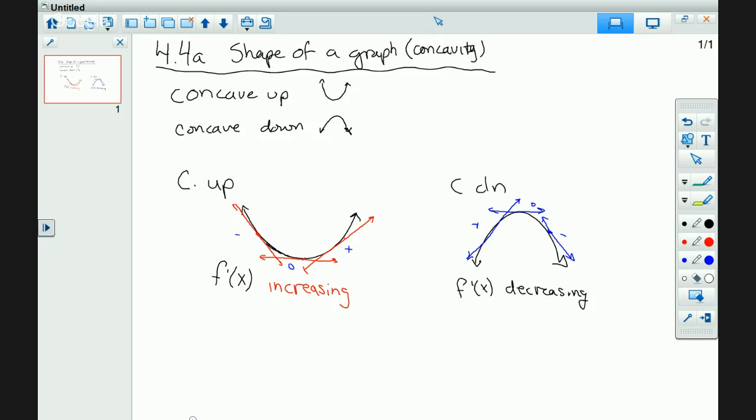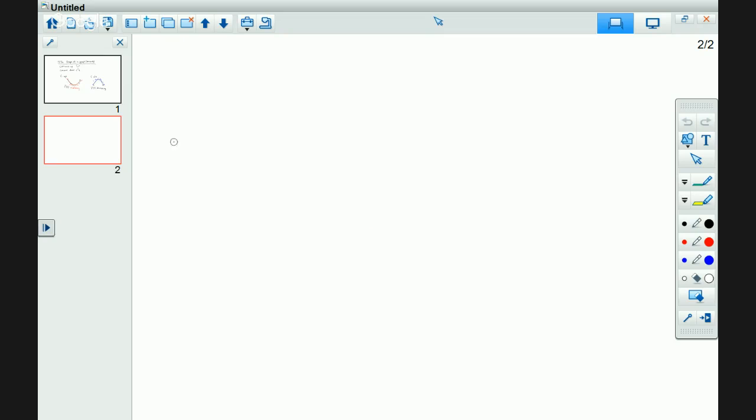Sometimes you're given a graph of f prime. If it's increasing, you know that it's concave up. If I give you something of that nature, there's a point where we transition from concave down to up, right?